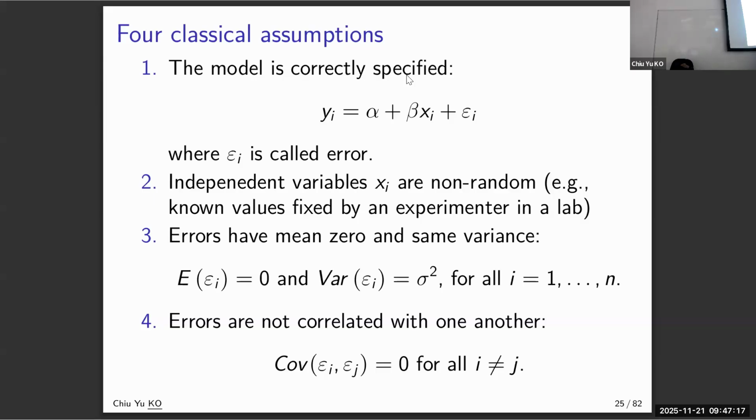Okay, so in that case, for example, we study X as education and Y as income, and what is epsilon? The errors are possibly how well you do in the interview, how good you are at sports, how well you do at piano, right? Because piano can affect income. Suppose the boss likes music and you know how to play piano, the boss may give you a little bit of a raise.